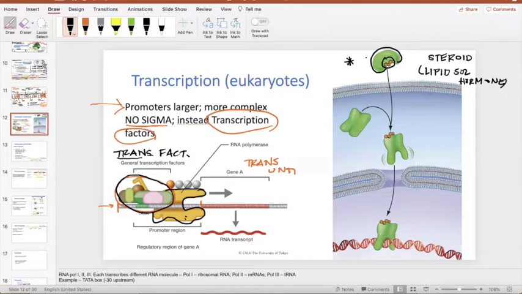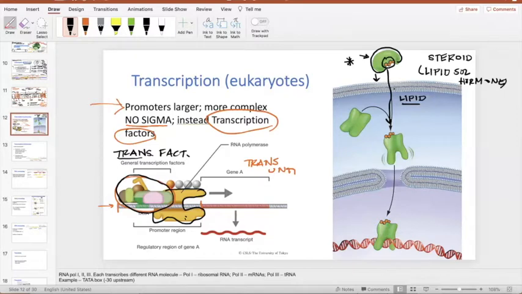So they have to be escorted through the blood using a carrier protein. Once this carrier protein and steroid reaches the cell membrane, the steroid can diffuse right through this cell membrane, because remember, the steroid is a lipid and the inside of the cell membrane is a lipid. So diffusion through this membrane is easy peasy.